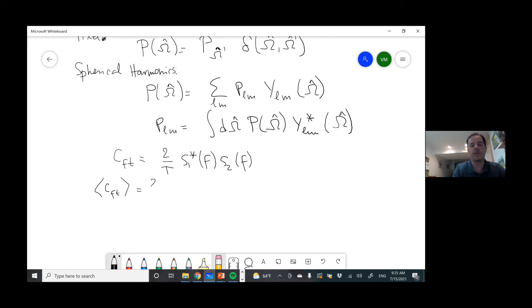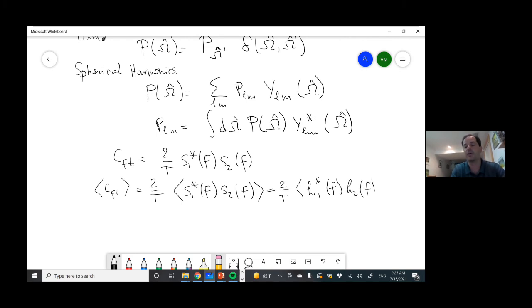So this will be 2 over t times the expectation value of S1 star of f and S2 of f. Of course, just like before, we're going to assume that the noise terms will not be correlated, so they will go away, and this will amount to calculating the expectation value of H1 of f star times H2 of f, where H1 and H2 are the strain signals in the 2 detectors.